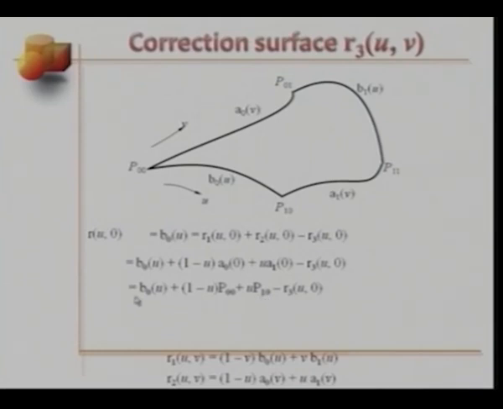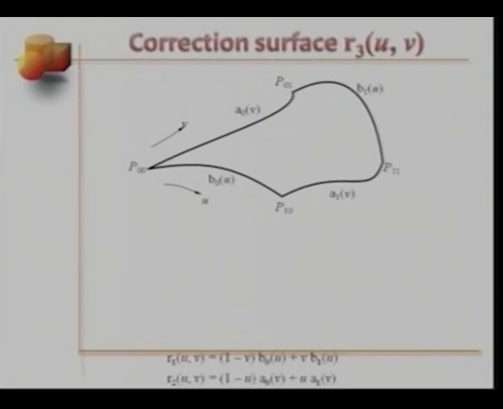So if we consider the right hand side and the left hand side, B0 of U would cancel out, and eventually we'll have R3(U,0) equals 1 minus U P00 plus U times P10. Let's save this result. Let's proceed further.